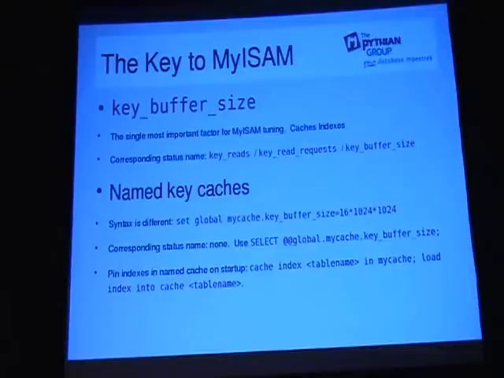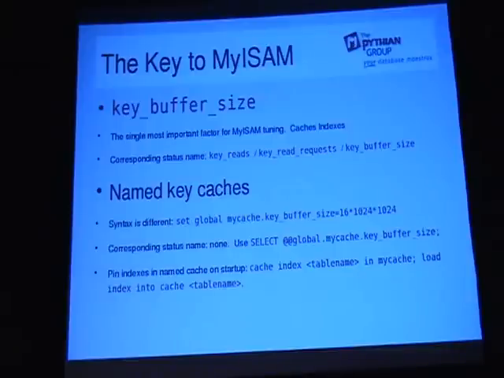This value you can set, if you're only using MyISAM, 30-40% of your memory can easily go to the key buffer. If you don't have that much memory to give it, if it's a mixed database, you can set up named key caches, which will work outside of the key buffer size, and you can pin specific indexes into those named key caches.